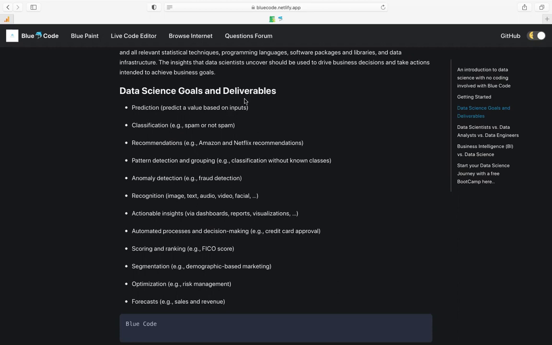Okay. Now, prediction. Predict a value based on inputs. In fact, as a data scientist, it's naturally part of you. You should be able to predict based on what you have. For example, you are the team leader of a data science team.